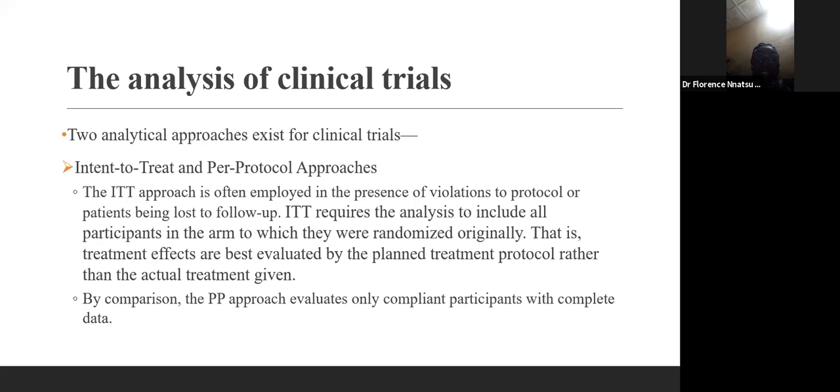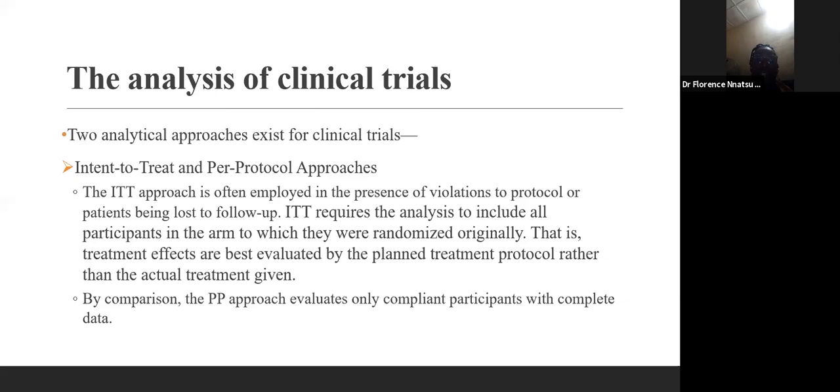The analysis of clinical trials. Two analytical approaches exist for clinical trials: intent to treat and per protocol approaches. The ITT approach is often employed in the presence of violations to protocols or patients being lost to follow-up.